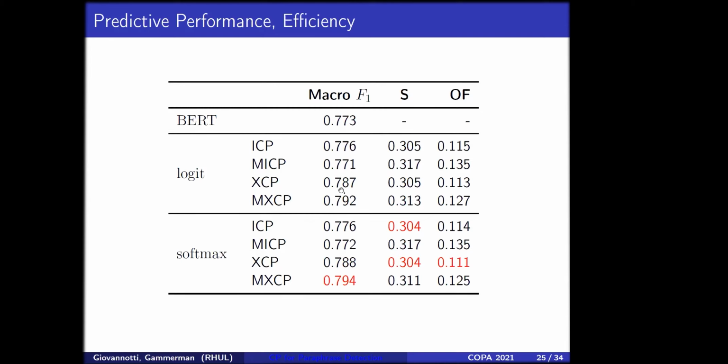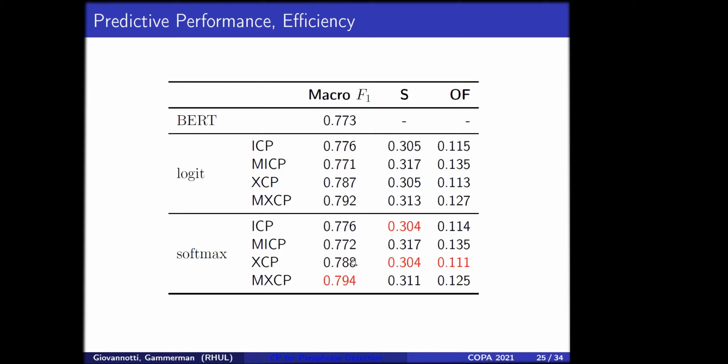So there's no loss in predictive accuracy, which is nice, considering that we are training on 90% of the data, so on less data. And cross-conformal predictors score even better than BERT for both non-conformity measures. That's probably because we are doing basically cross-validation, so it probably yields better results than the normal BERT model.